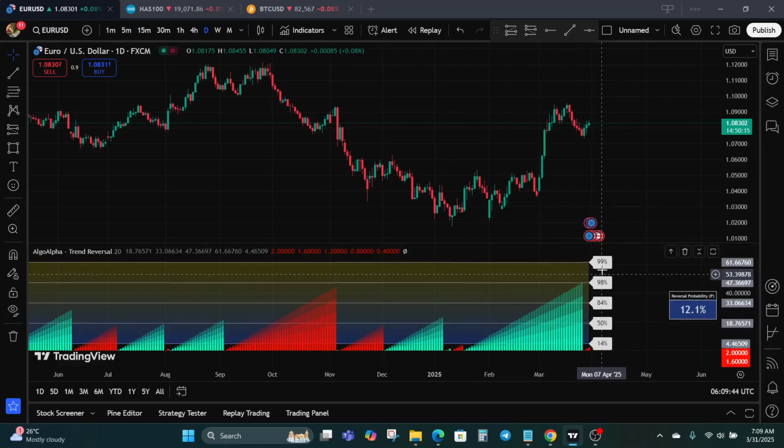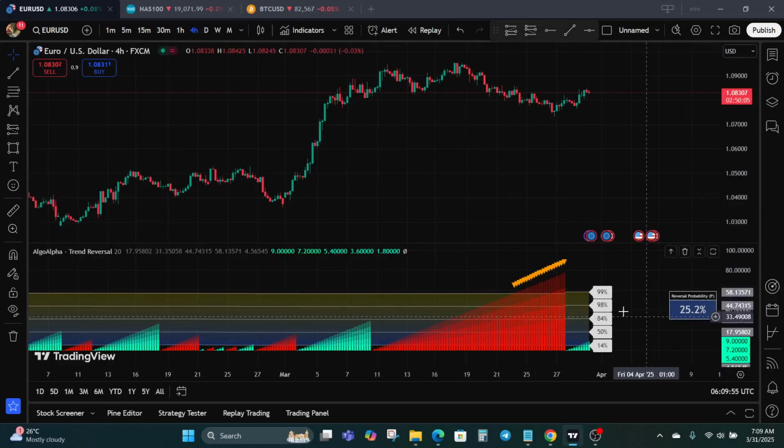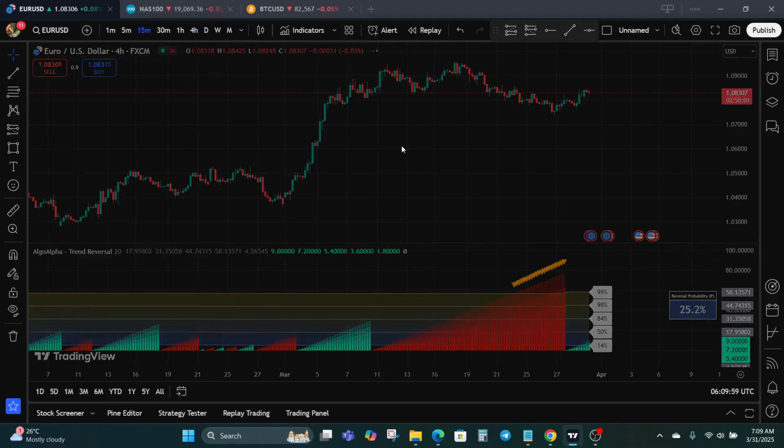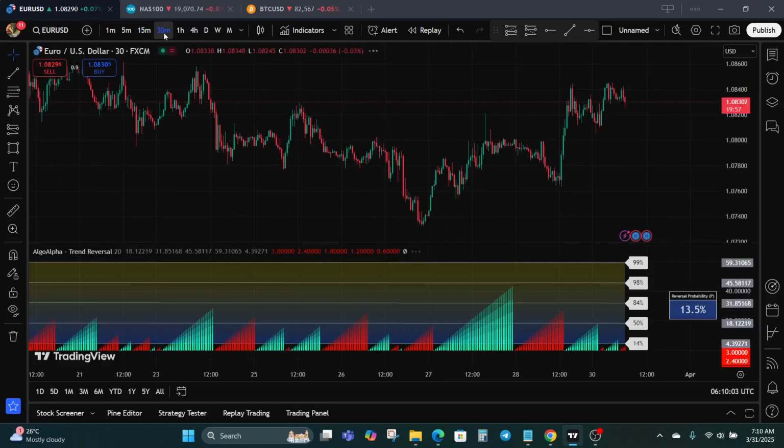It shows you the different percentages, different levels, and the exact percentage at the time. Let's even go to a different time frame. You would see that the signals are dependent on time frame. So now let's go to a smaller time frame to see if we have a higher probability of a reversal.